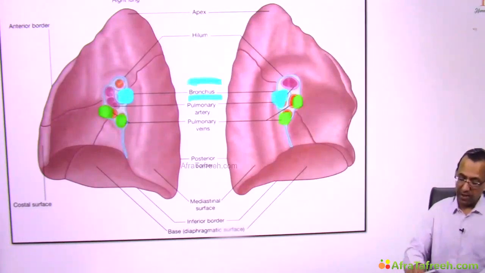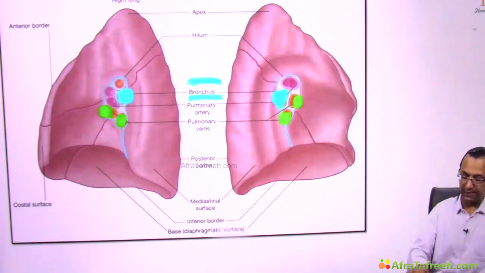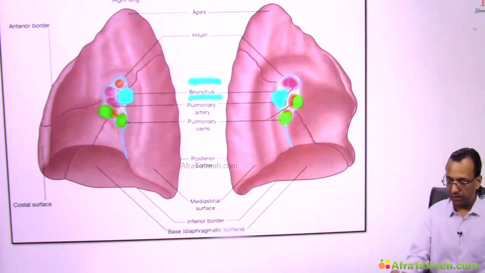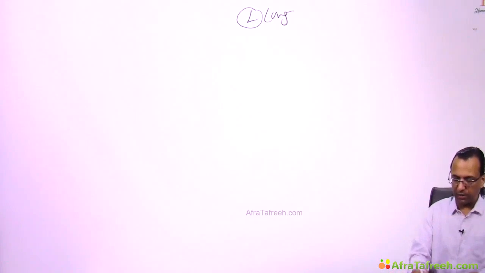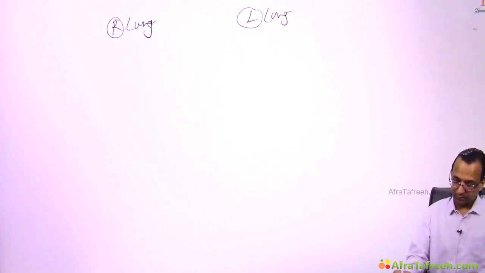So you're looking at the medial view of the right lung here, and the medial view of the left lung there. You are going to draw the left lung and the right lung hilum. We have discussed that the bronchus is most posterior.